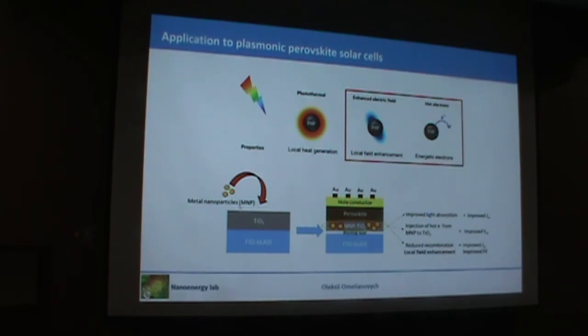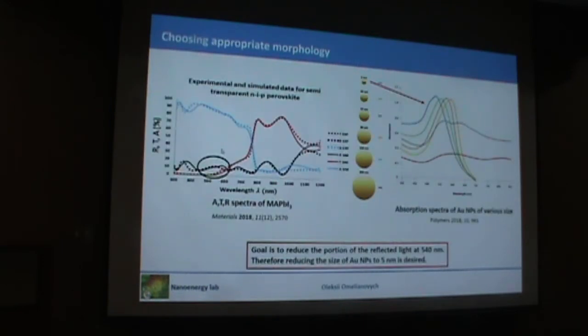The methodology was to simply deposit gold nanoparticles on the titanium dioxide covered FTO glass, then perovskite is deposited and a hole conductor over it, concluded with the Au contacts. The addition of the gold nanoparticles is expected to improve light absorption, injection of the hot electrons, and reduce recombination due to improved local electrical field. That was the motivation for the application of gold nanoparticles in perovskite solar cells.